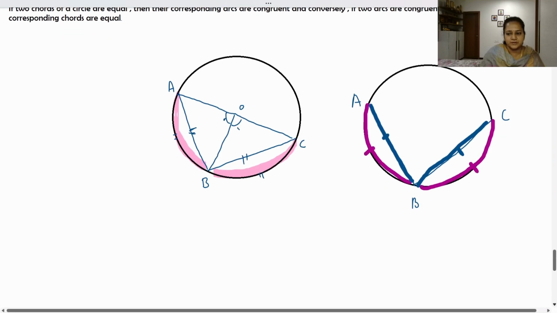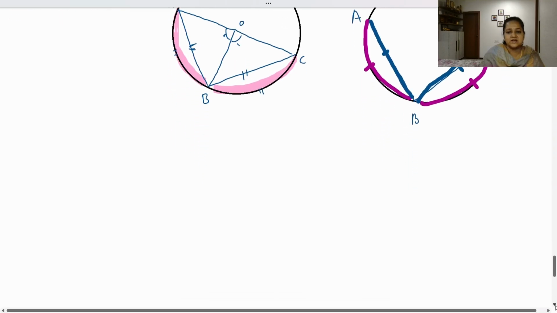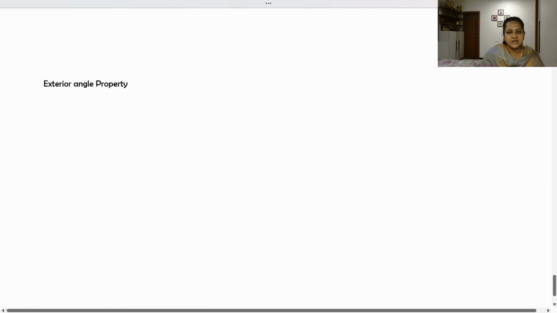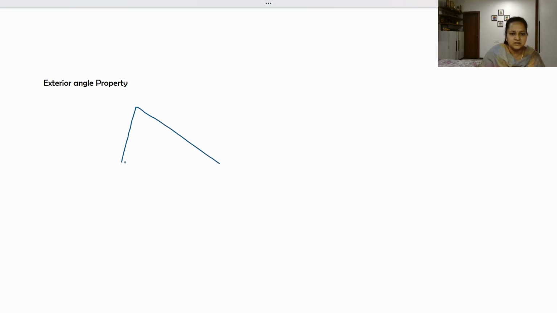Let's move on to the next property, which is the exterior angle property. Now, we have studied exterior angle in our lower classes. We know that in a triangle, there are three angles in the interior of the triangle. If you extend any one of its sides, you are creating one more angle which has a common vertex and a common arm.